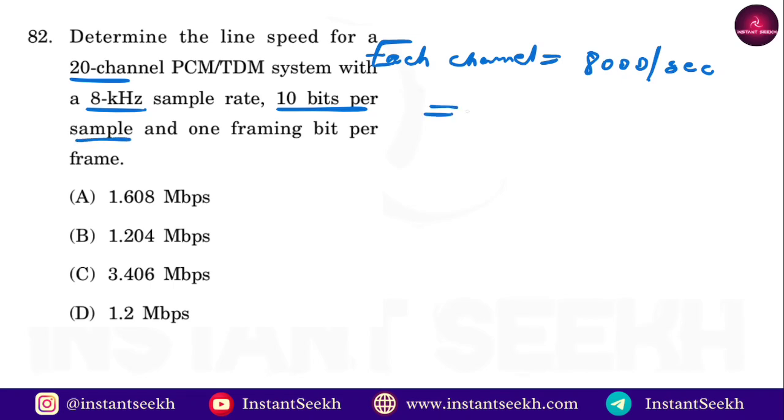Okay, so it will be 8000 into 10, that is 80,000 bits per second. Okay, so now for each channel we know how many bits per second we are having. So for each channel we are having 80,000 bits per second.